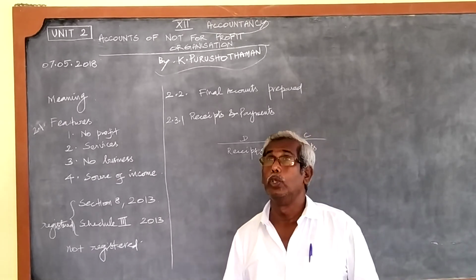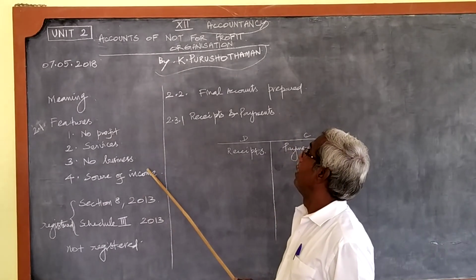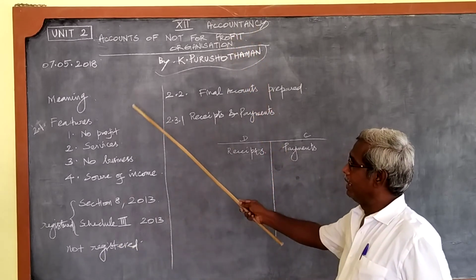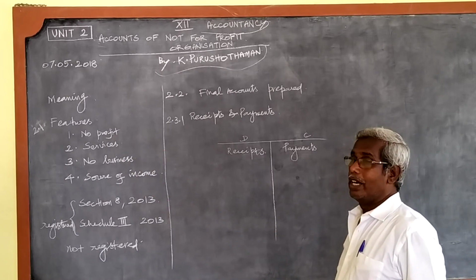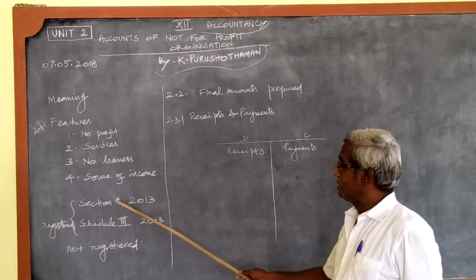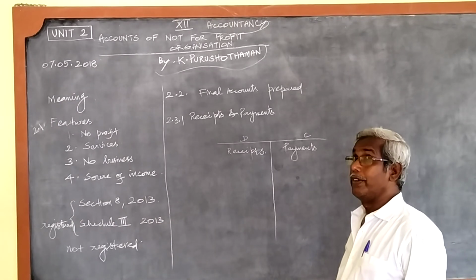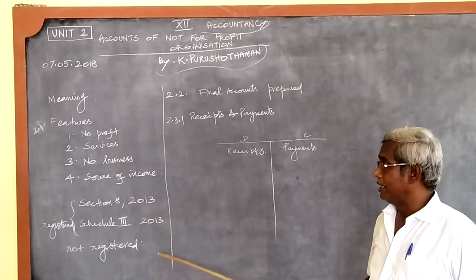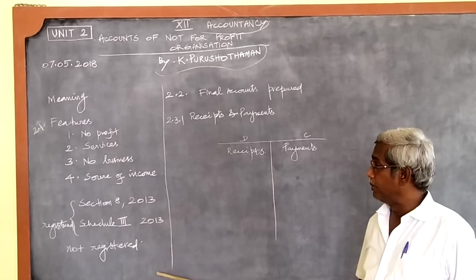Okay, we shall do the problem tomorrow. Before that, we have seen so far the meaning of accounts of not-for-profit organizations, its features, how those organizations are registered, and what the reference is. If they are not registered, the income and expenditure account and balance sheet are not prepared.